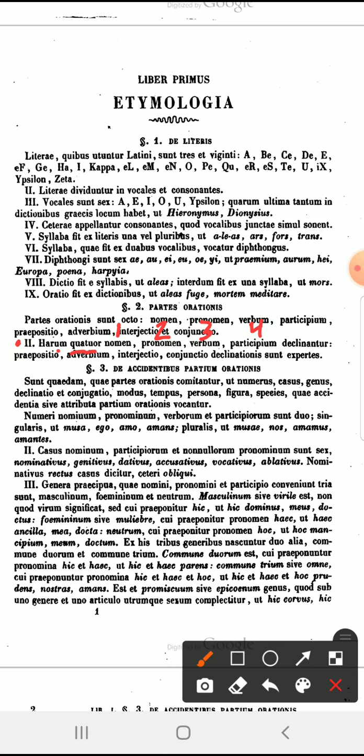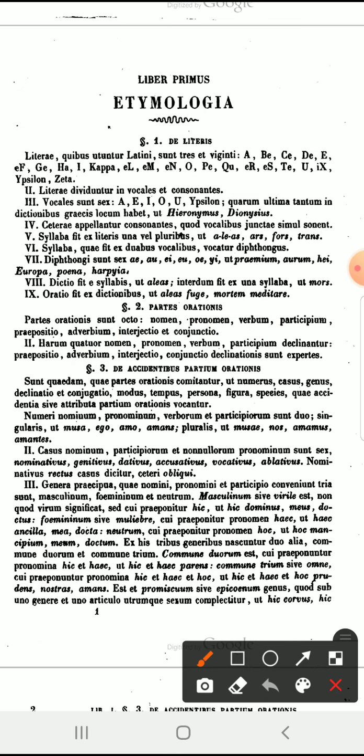Pronouns also are declined. Verbum, a verb, is also declined. They have different forms, and a participle is also declined. It has different forms in Latin. Harum quatuor, of these 8 parts of speech, 4. The noun, the pronoun, the verb, and the participle are declined.